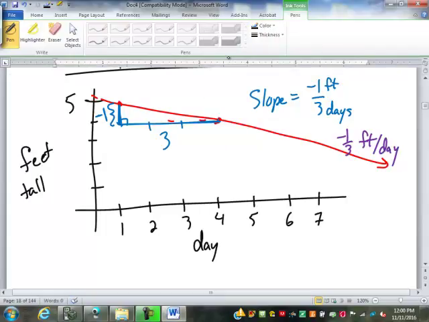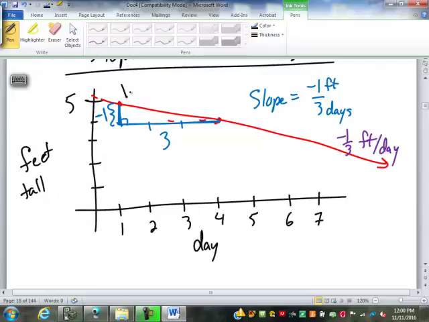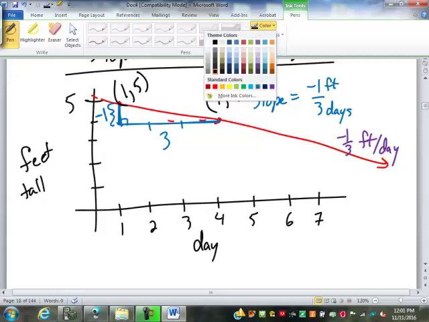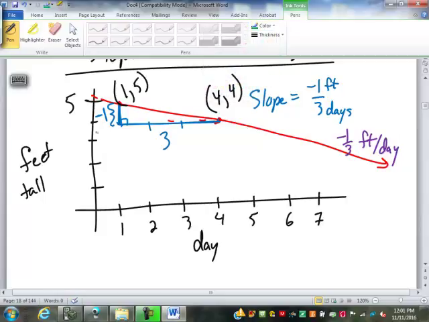Now, looking at this, what if I just gave you the points that day 1, 5 feet tall, day 4, 4 feet tall? Could I have found the slope from just those points? Well, yeah, the rise is the difference in which coordinates, x or y? The y coordinates. Y goes up and down. The rise is the difference in the y coordinates.